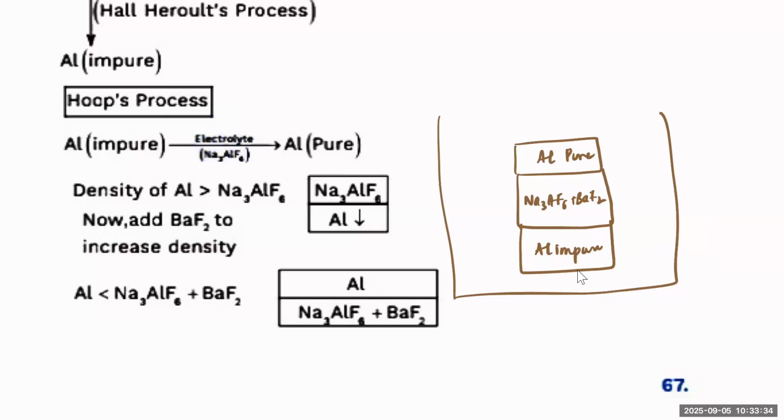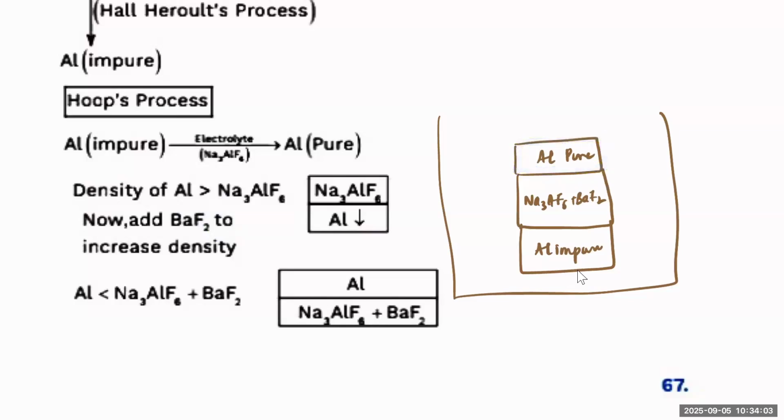When you add cryolite here, the density of aluminium will be greater than Na3AlF6. Thereafter, as you start adding BaF2, the density will start increasing. So what happens now? Aluminium will be upwards here.